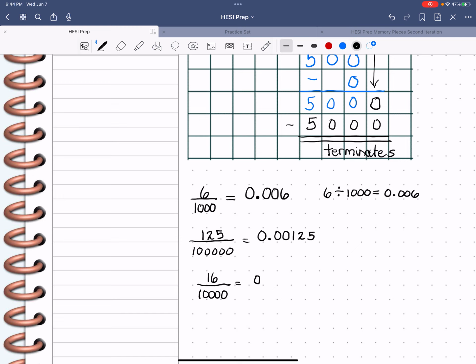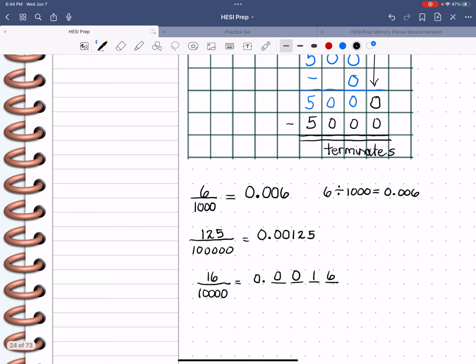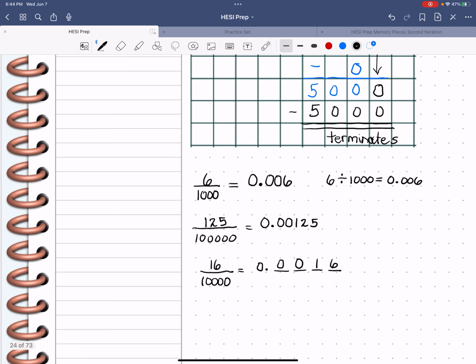So that's the leader. Tenths, hundredths, thousandths, 10,000ths. And then I think that's all.